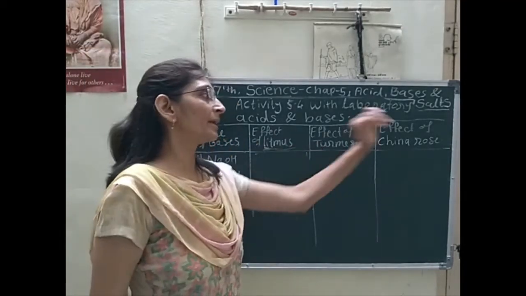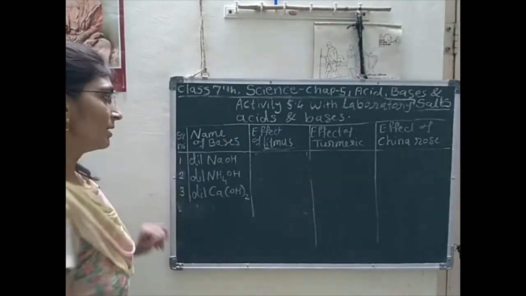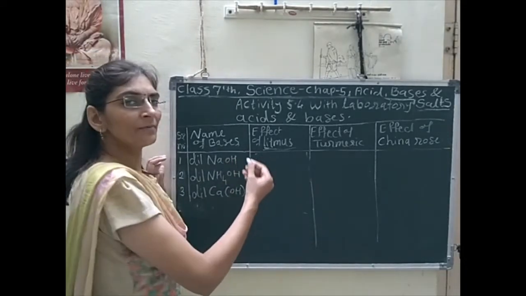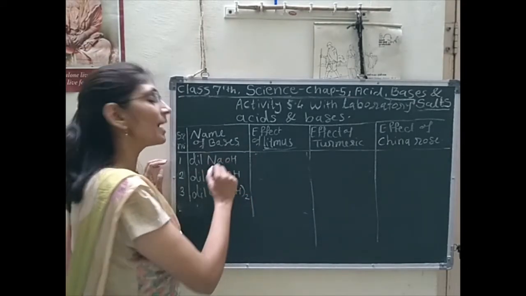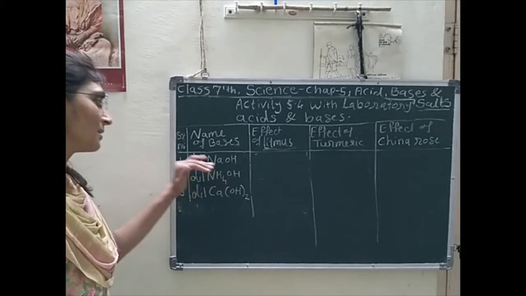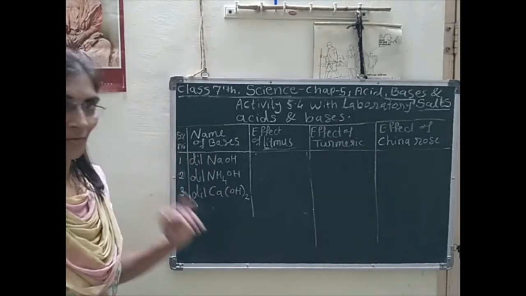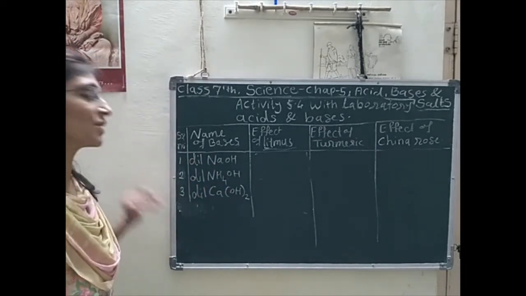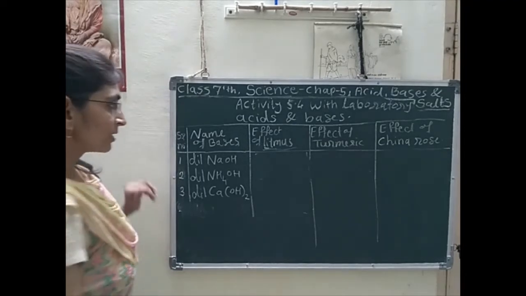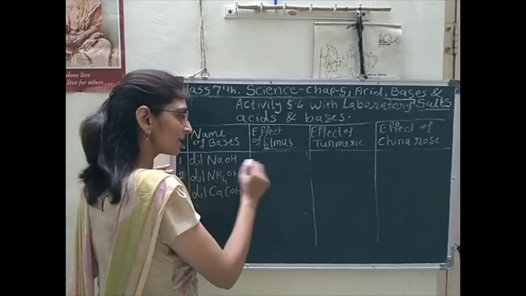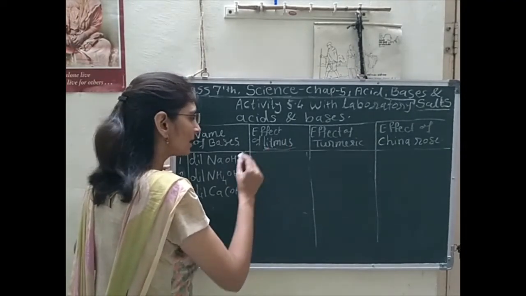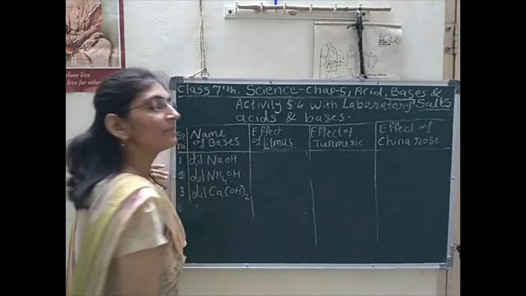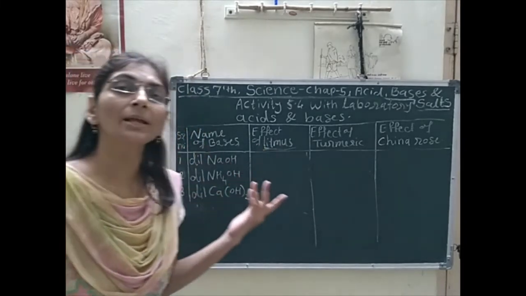These bases we have to react with the litmus indicator, the turmeric indicator, and the China rose indicator. One by one we will take the diluted bases. All these bases are in diluted form. That is very important, and I have especially mentioned it here. First I have reacted with the litmus indicator. Then what will be the effect?